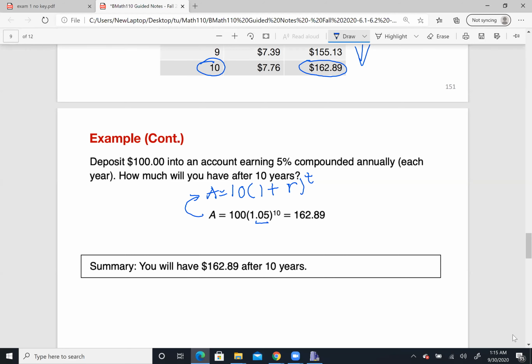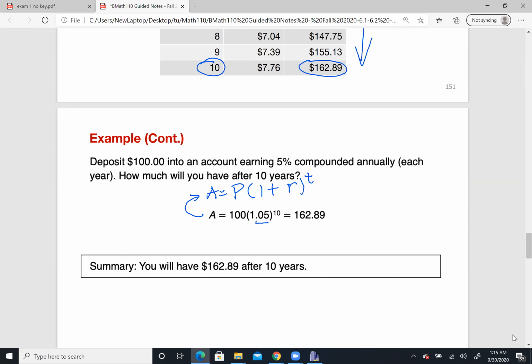And here the 100 I can make become P. That could be the formula for compounded annually. So to summarize, you will have 162.89 after 10 years.